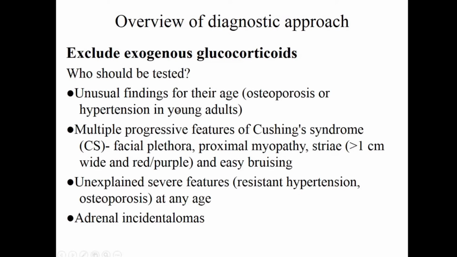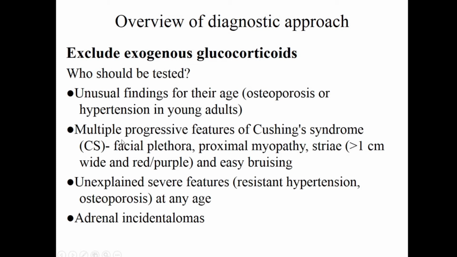Whenever you detect hypertension for the first time, you will have to look for possible causes of secondary hypertension. Especially in young persons, you'll have to consider that it could be secondary, and one of the secondary causes of hypertension is Cushing's syndrome.